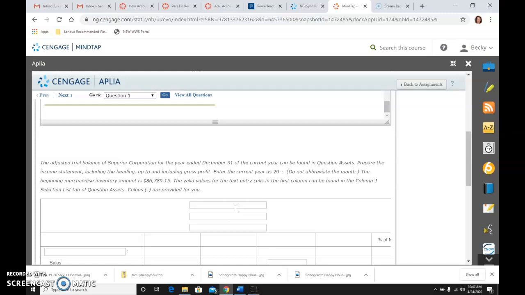So the name of our company is Superior Corporation. It is an income statement. It is for the year ended December 31, 20 dash.